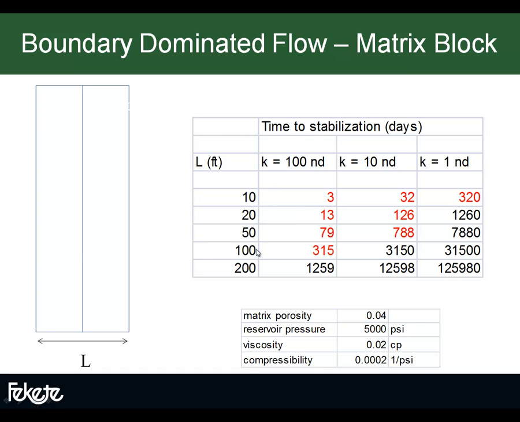In other cases, we may have fractures that are much further apart. But we can see it is very reasonable to expect that within the first year or 2 years, we may start to see apparent boundary dominated flow in many of these horizontal multi-fracture completions. In vertical wells with single stage fractures, it's much less likely that we're going to see boundary dominated flow, which is why Wattenberger's example that we looked at earlier didn't show the boundary dominated flow at all in 20 years of production.